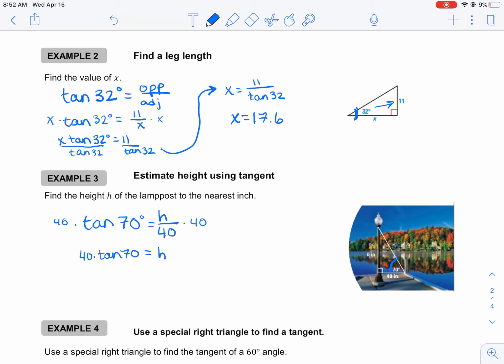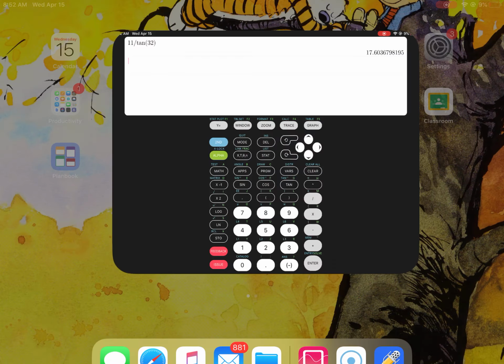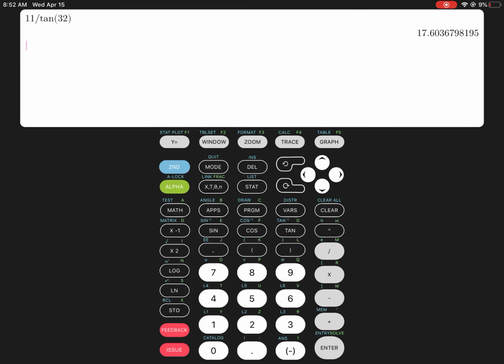So notice where the variable is matters on how you solve for it. If the variable is at the bottom of the fraction, it ends up being a little more complicated to solve. But you go back to your calculator. You don't need to do the mode thing again. Once you've set that you're in degrees, you're good to go.